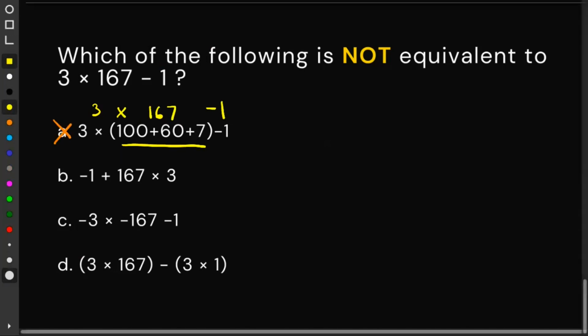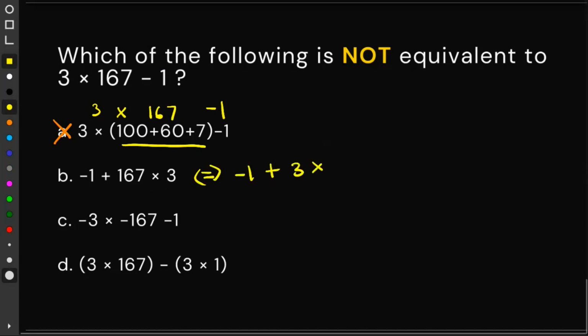For the next one, note that we can actually rearrange this one, since multiplication is commutative. So this would become -1 plus 3 times 167.